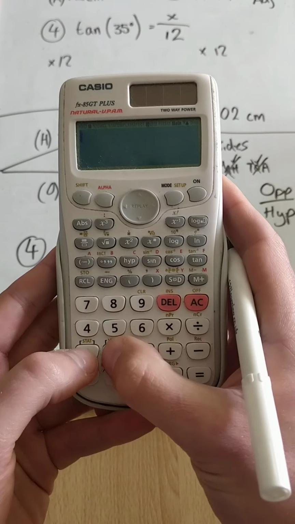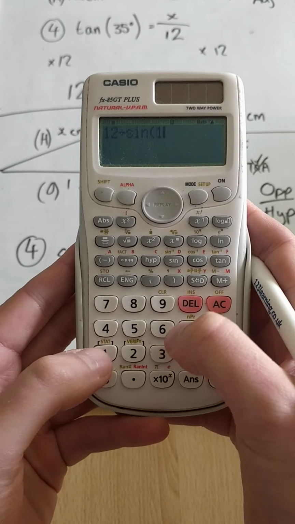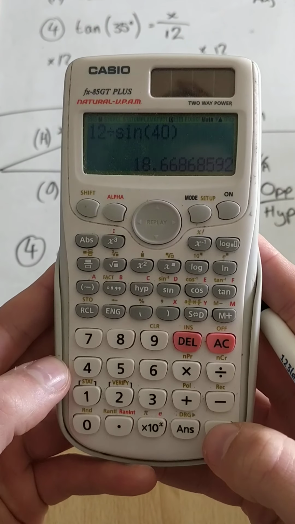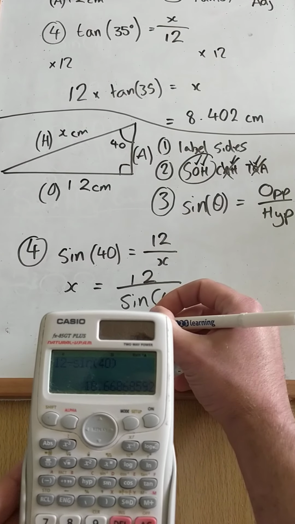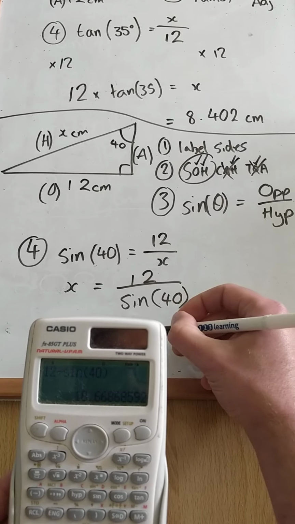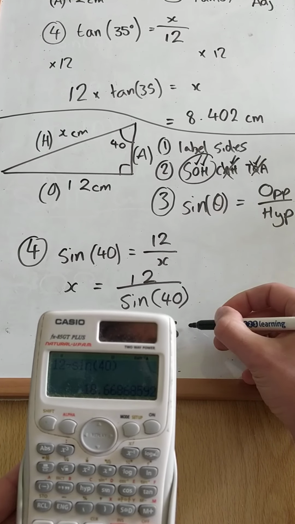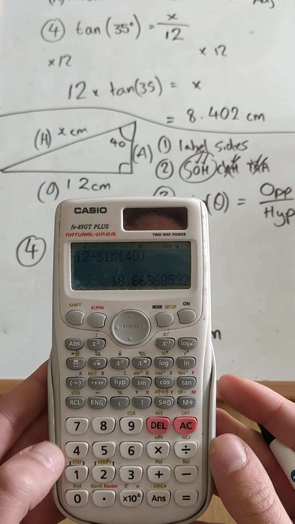Okay, and then from there you would just type it into the calculator again. So I'll do 12 divided by sine 40, and here I get 18.668, which I'm going to round to 18.669, just rounding it to 3 decimal places because I can.